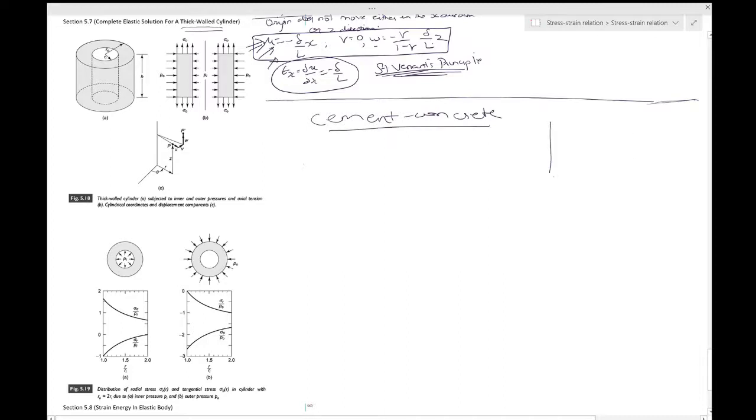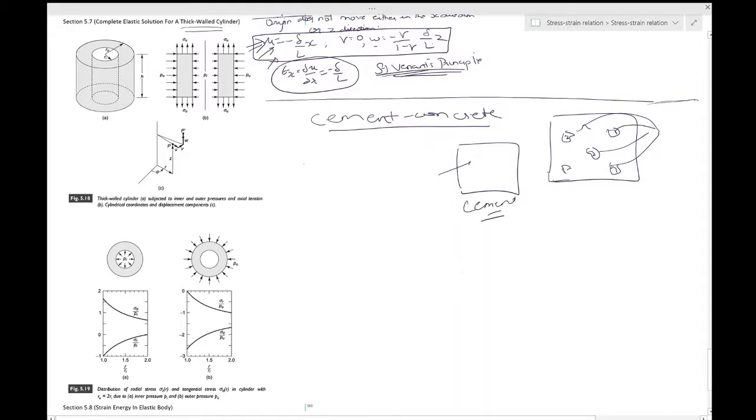You have the cement and you have the concretes, those hard pebbles which you learn about. This is clearly not homogeneous, because there are these heterogeneities in between, and because of this, the stress-strain behavior will be slightly more complicated compared to if you had just cement only. So this is heterogeneous.